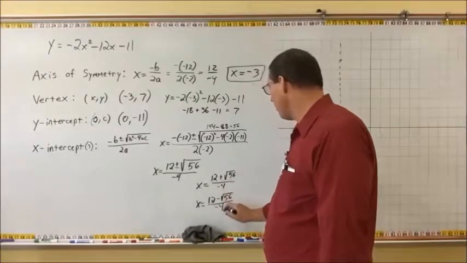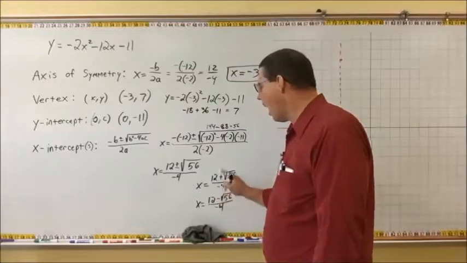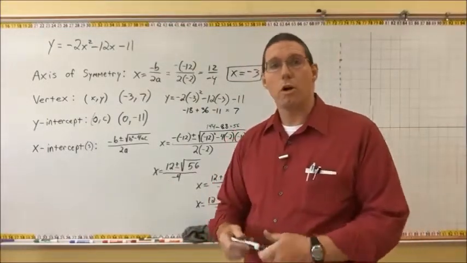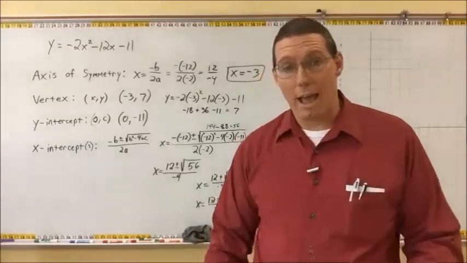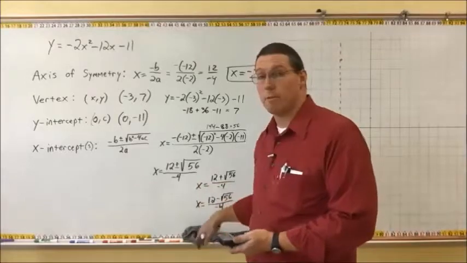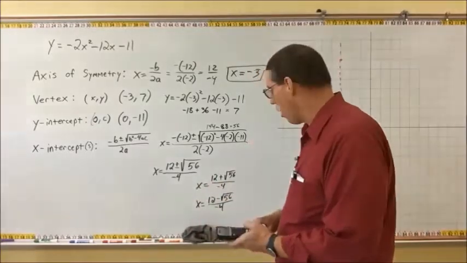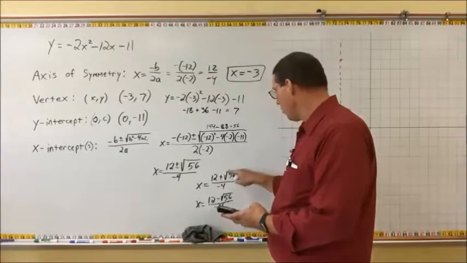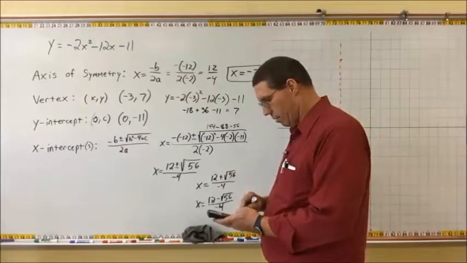And although these are precise numbers, they are not too terribly useful for graphing. If I want to graph, I'm probably going to need to use a calculator and turn these into decimal numbers so I can see where they are approximately. So I'm going to key in 12 plus the square root of 56.